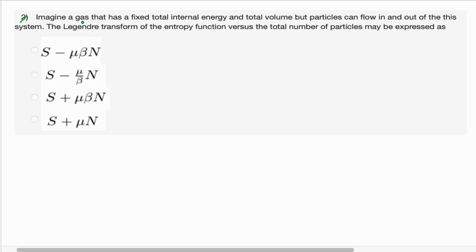Imagine a gas that has a fixed total internal energy and a total volume, but particles can flow in and out of this system. What is the Legendre transform of the entropy function versus the total number of particles? So here there are two systems, a reservoir and the system.